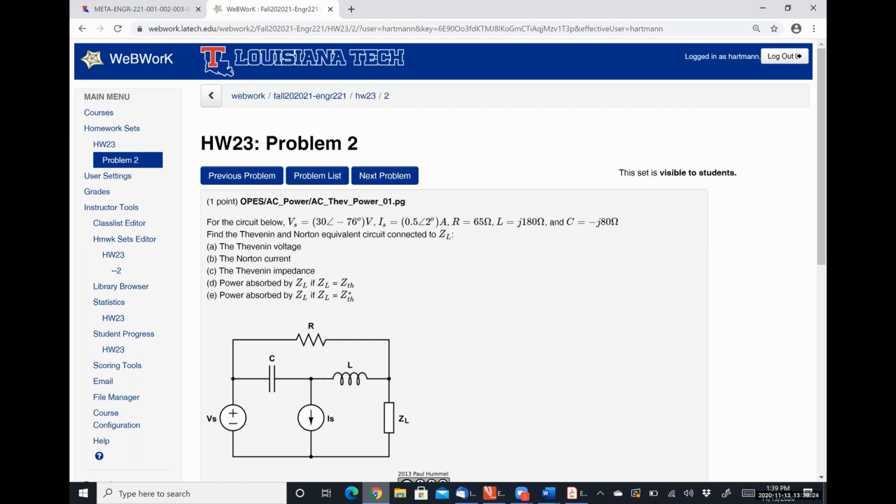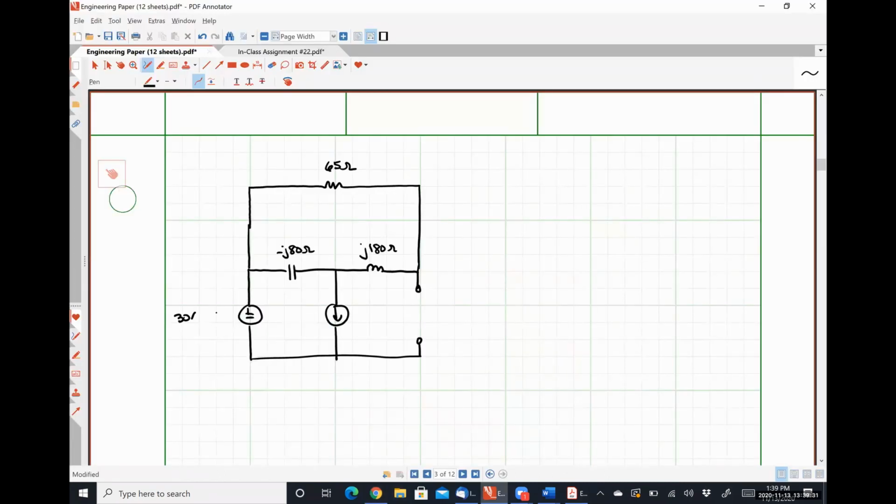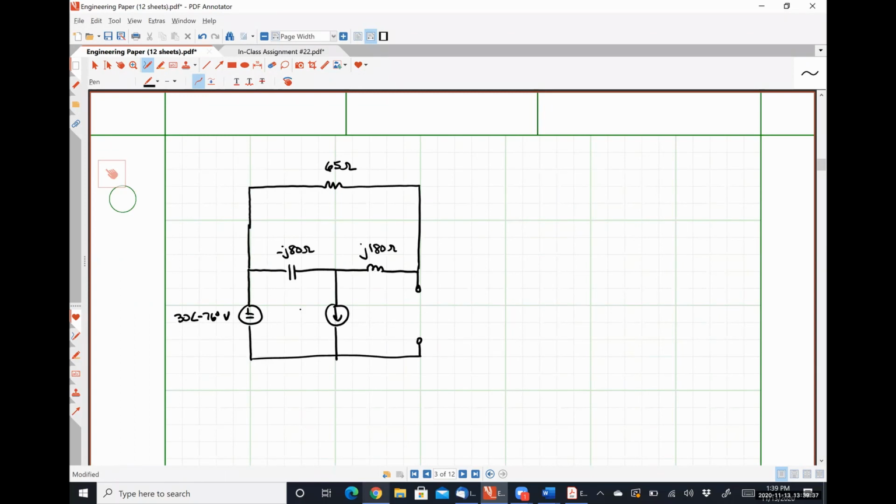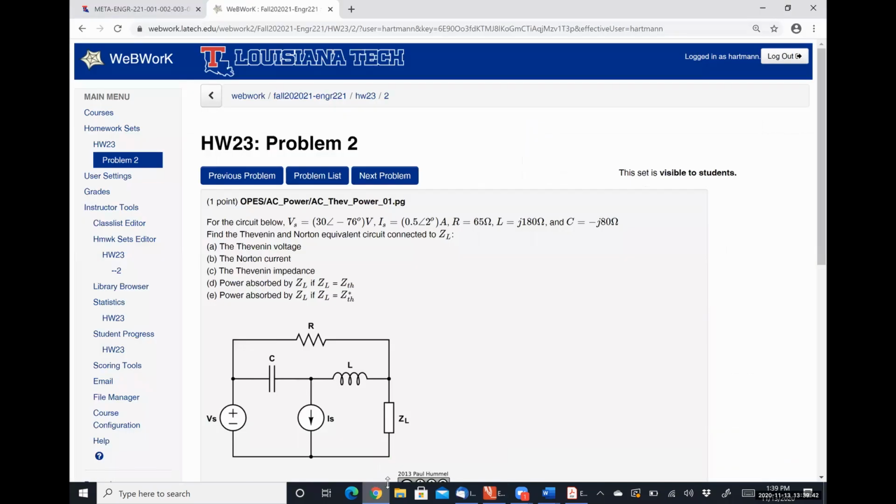30 angle negative 76. 0.5 angle 2. Make sure that's amps and not milliamps or something wonky there.